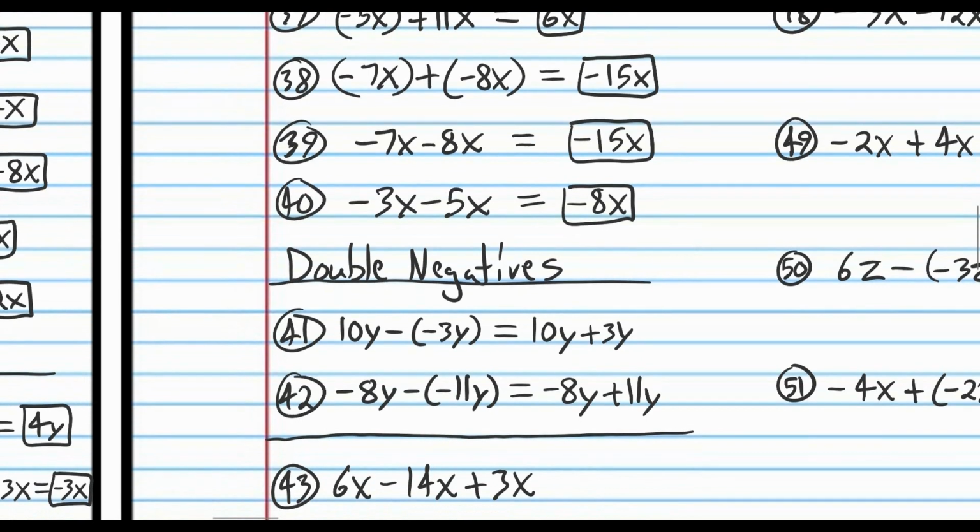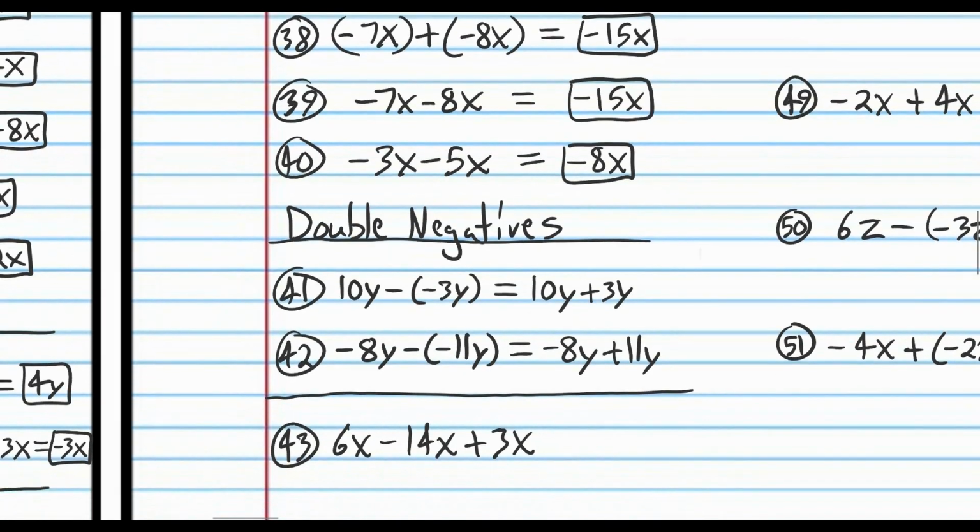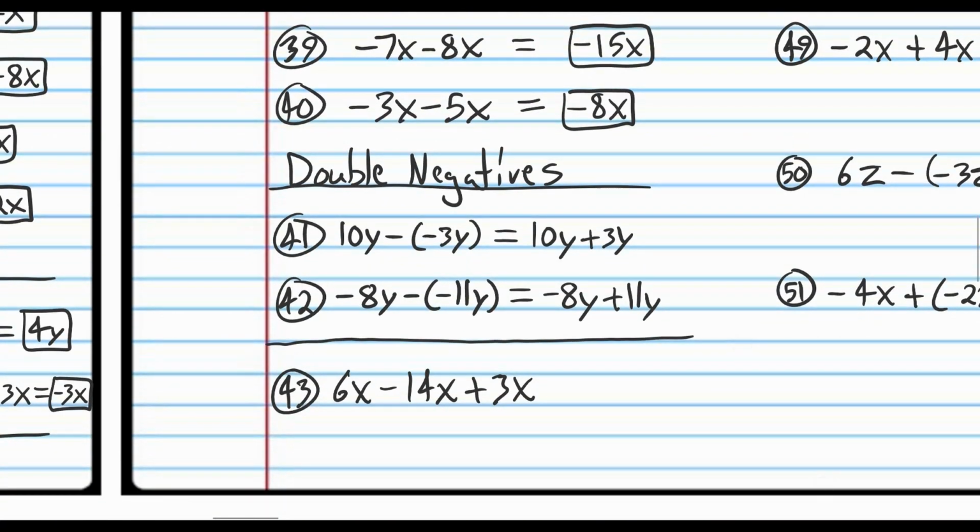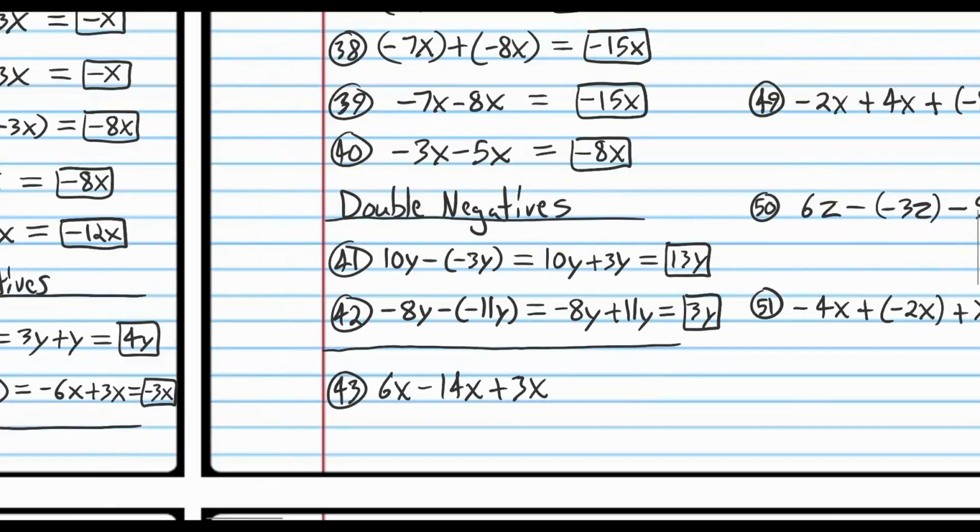That's just a condensed form again. And the double negative, whoops, accidentally gave you some answers there. Didn't mean to do that. Well, I guess I might as well just keep them there. It becomes 13y. And that becomes 3y. So if you got those answers, good job.